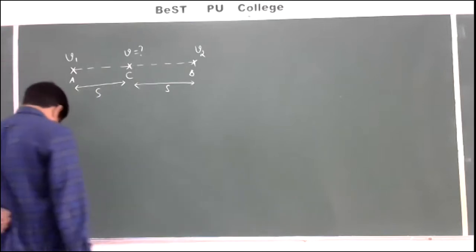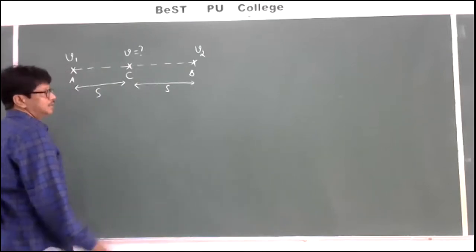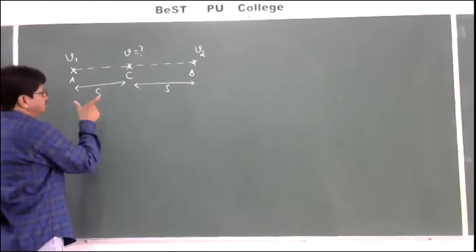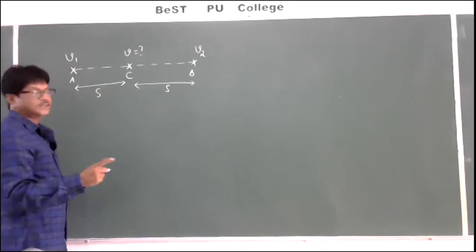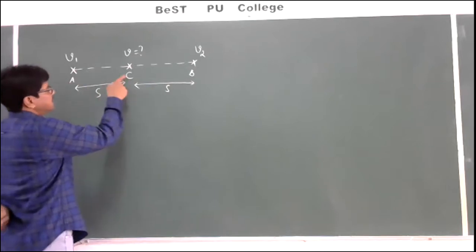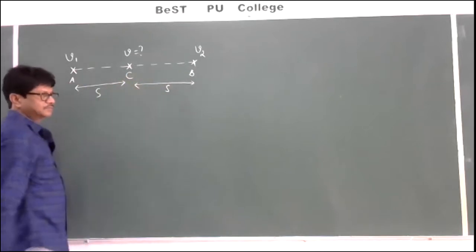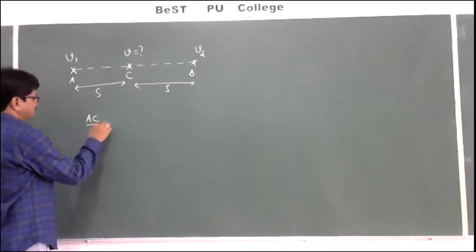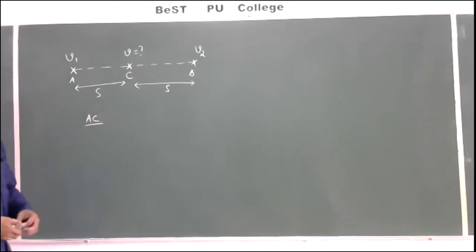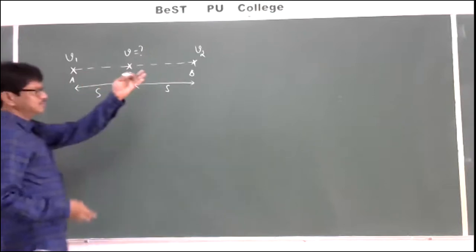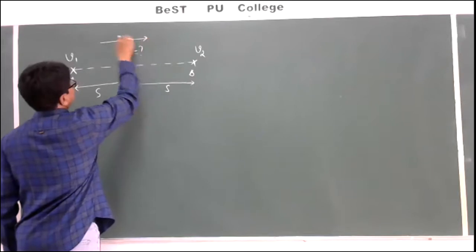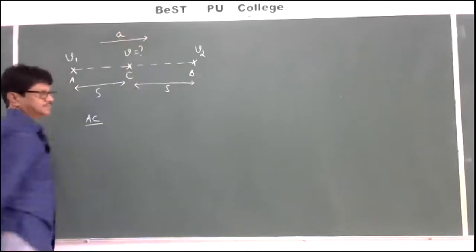Now, since we have to start the problem from one point, and AC and CB are the same, first I am taking AC. And as usual, we have to consider that it is moving with uniform acceleration.